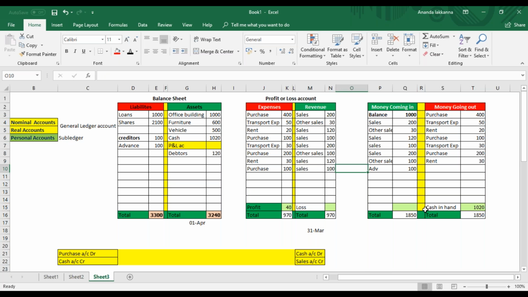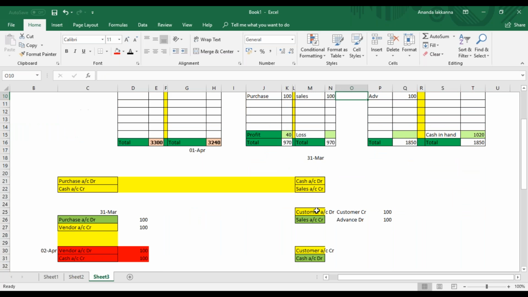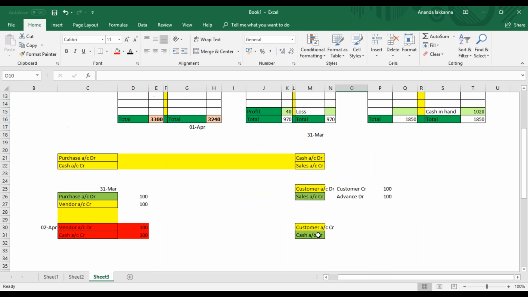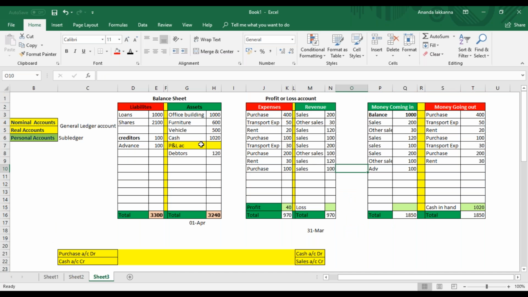Okay. Then you don't need to do any cash entry because you already received the cash. The cash is already taken and the advance is also there. Let me take this to the P&L account. Take P&L account. Profit I got because of this.